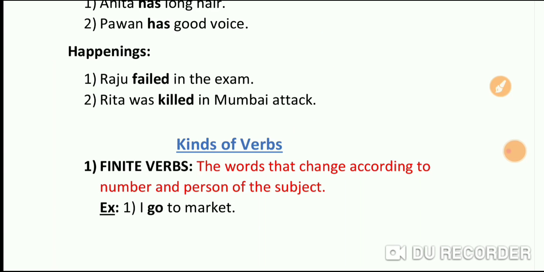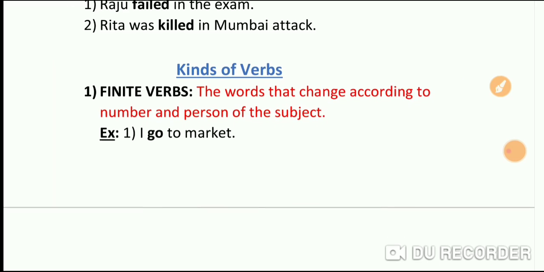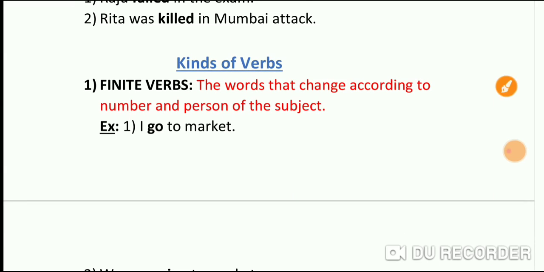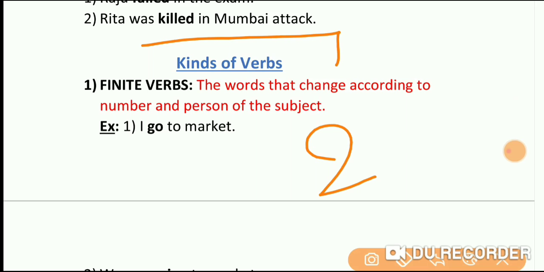Now let us jump to discuss kinds of verbs. How many kinds are there in verbs? There are 2 main kinds in verbs.